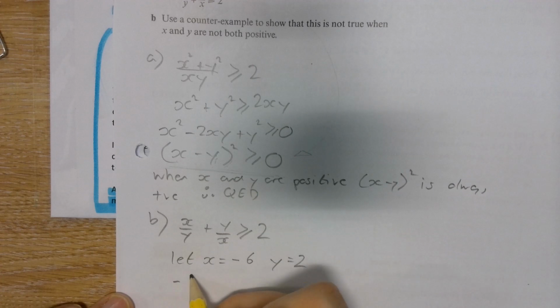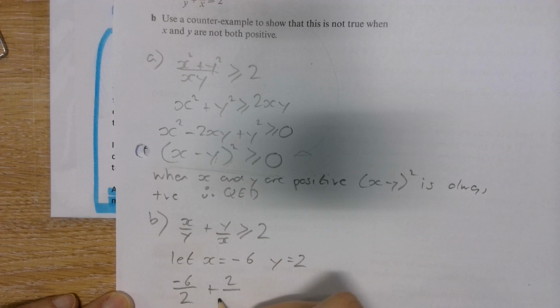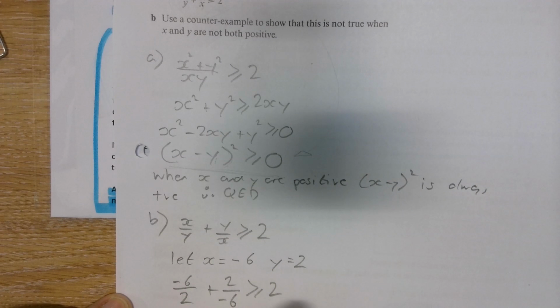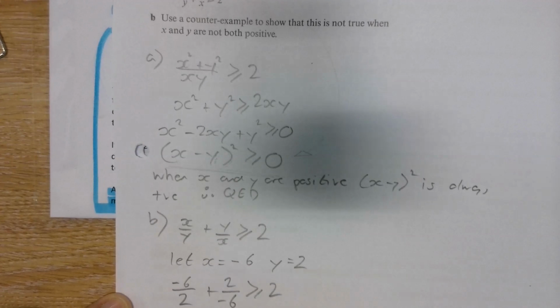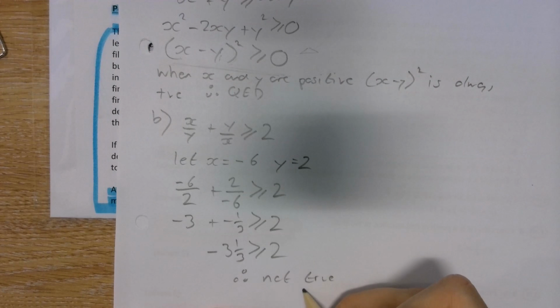We're going to get minus 6 over 2 plus 2 over minus 6 is greater than or equal to 2. And that's going to give me minus 3 plus minus a third, which gives me minus 3 and a third, which is greater than or equal to 2. Therefore, not true, and we've proven what we wanted to prove.